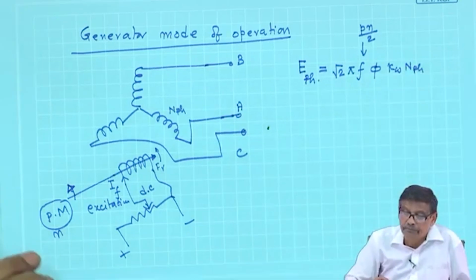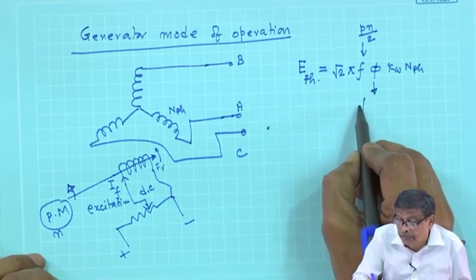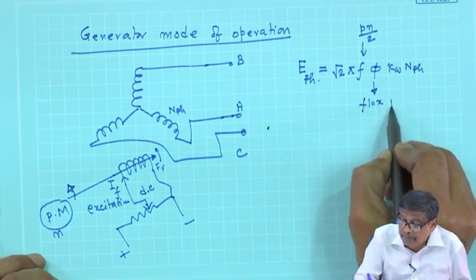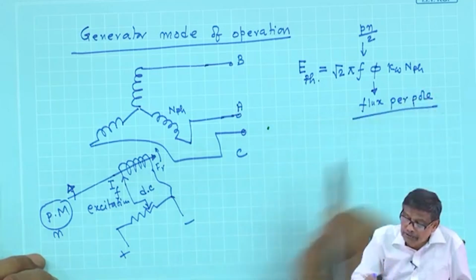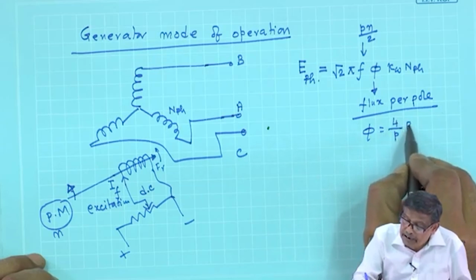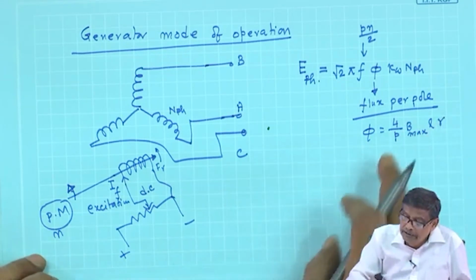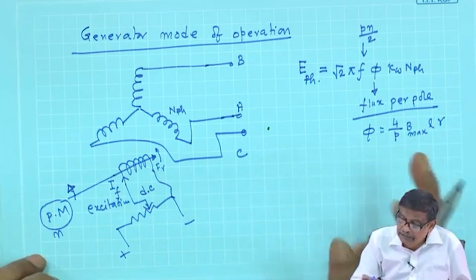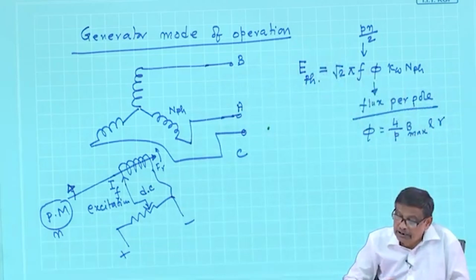Very simple. What is this phi? Recall, it is flux per pole. How to calculate flux per pole? Phi is 4 by P, B max L R. What is P? Number of poles. B max is B max. L is the effective length of the machine, working length.